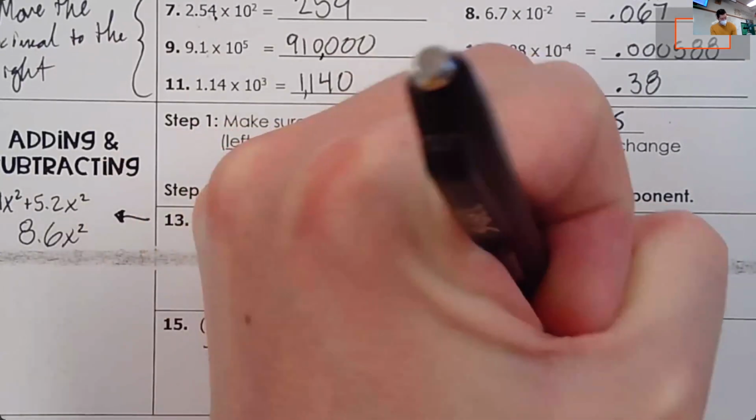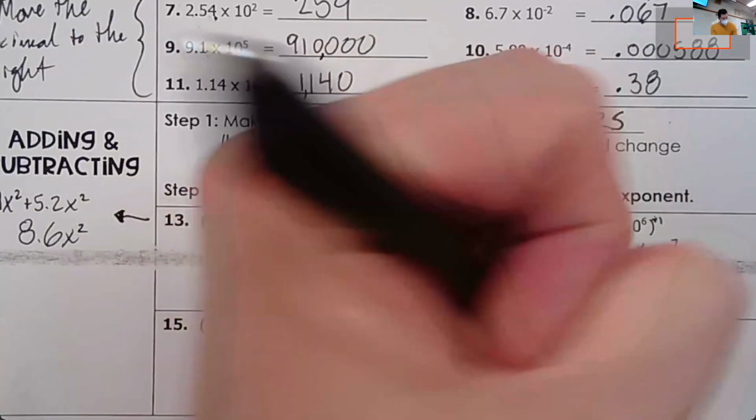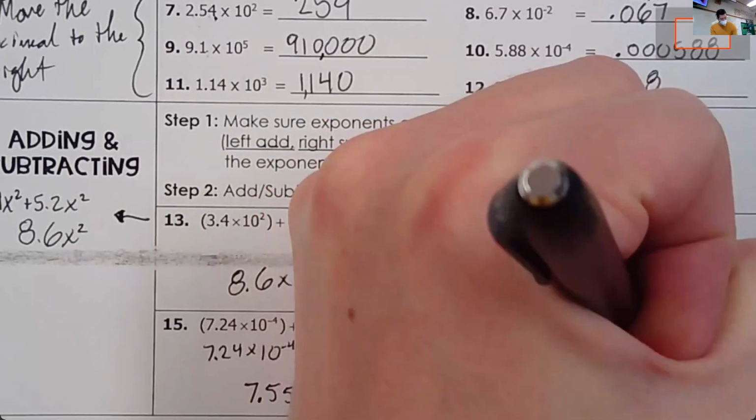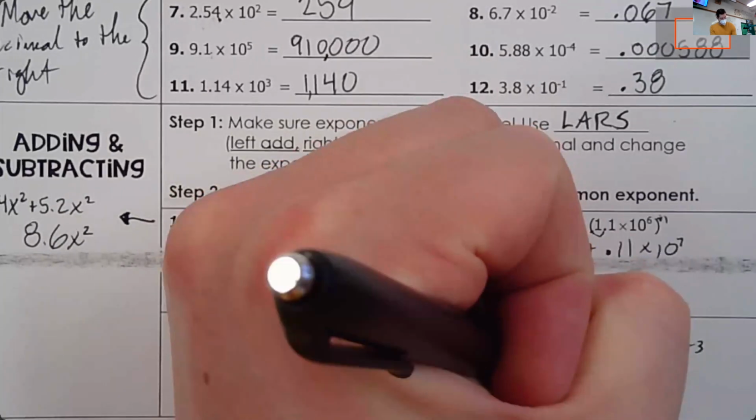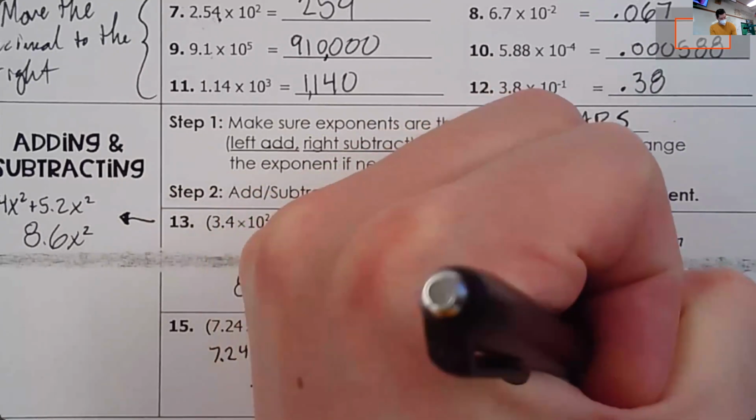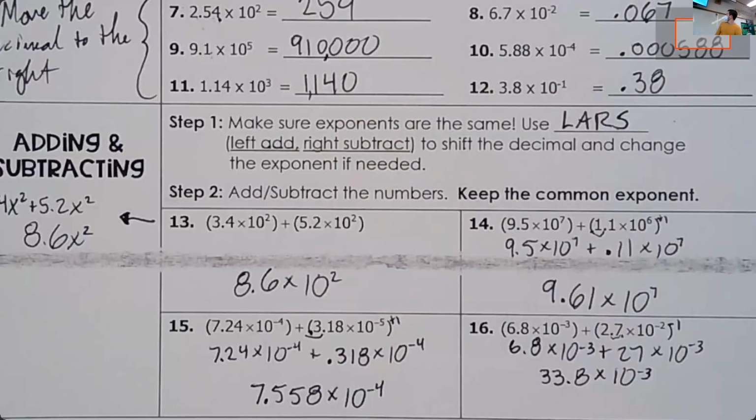times 10 to the -3rd power plus 27 times 10 to the -3rd power. And if we add those two numbers together, that gives us 33.8. So that equals 33.8 times 10 to the -3rd power. Which, as a number, there's nothing wrong with that, but this is not yet in scientific notation.